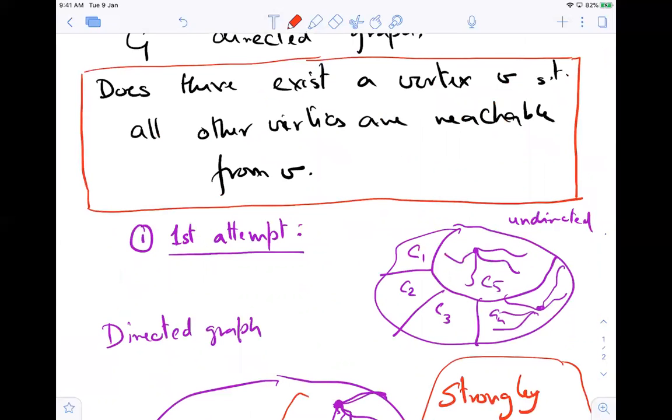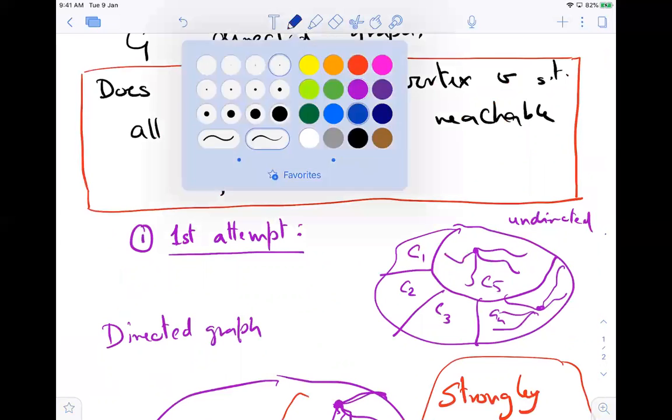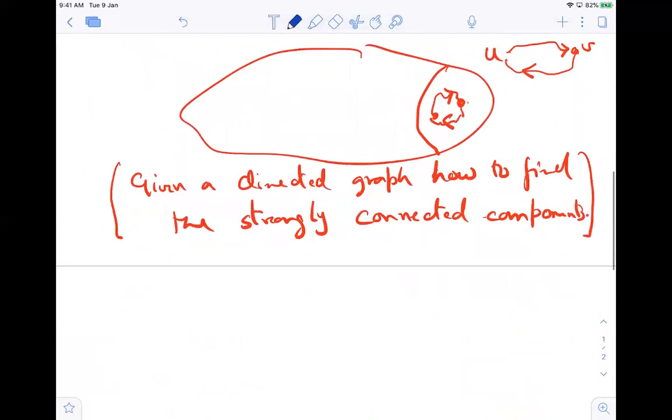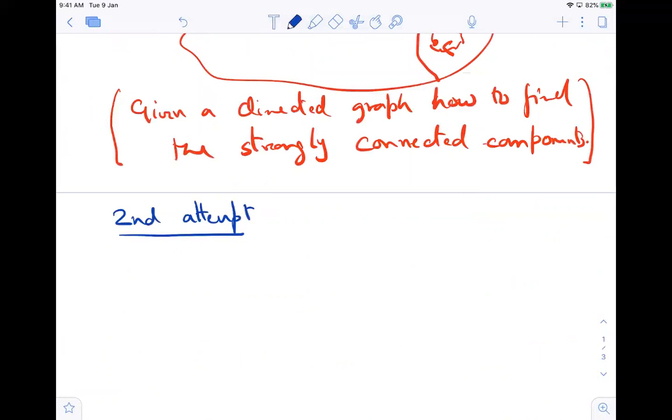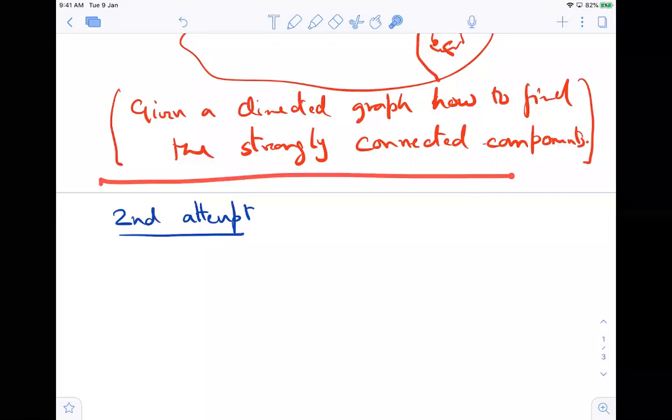But instead, let me explain a much simpler solution to that problem. Okay, so this is the second attempt. The first attempt I'm not doing. I leave it to you guys to think about it, and in the meantime, think of this problem. How do you do this? Fine.